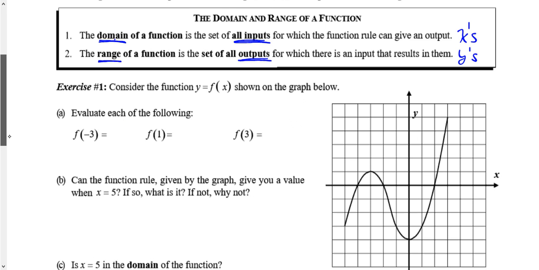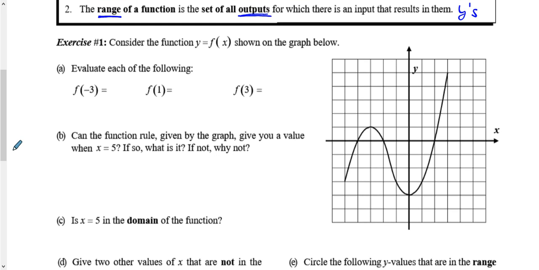So let's look at this example here. We've done this quite a few times, right? You see our function over there, the graph. It looks like it starts and stops. It looks like it has a particular set of inputs. Where do the inputs go from? What axis are you looking at for the inputs?